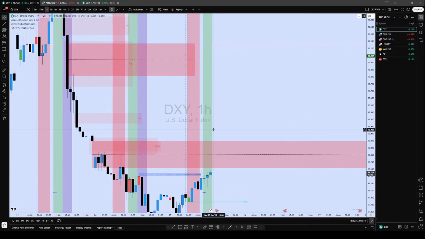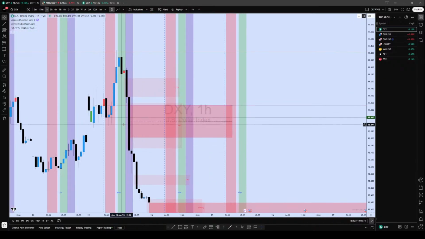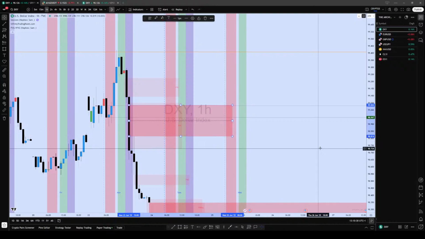Now if they trade through it, then like I said, they might come back up into this area up here, the 98.94, and then this fair value gap low, which comes in at 98.81. Those two levels can be used as an area if they go through the volume imbalance.